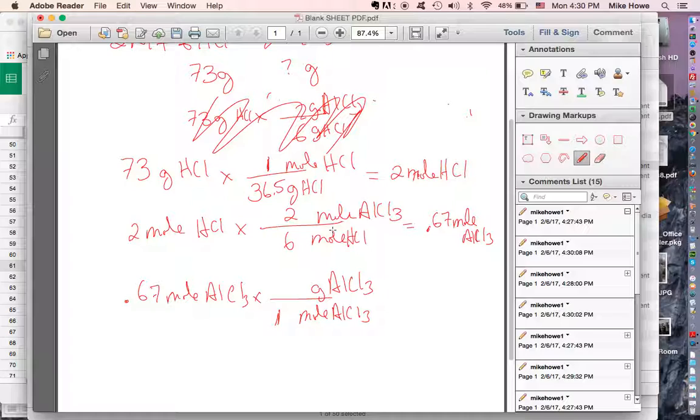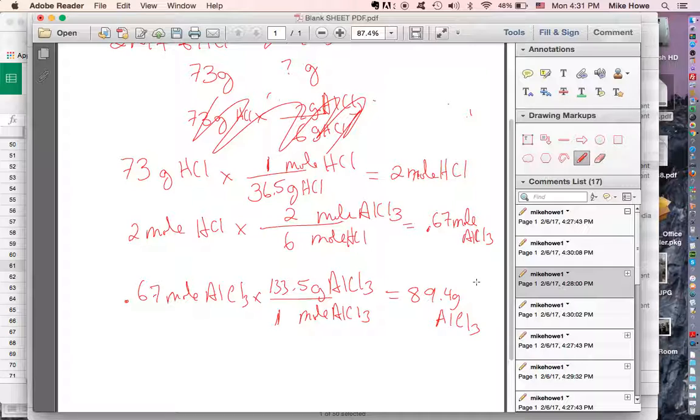Okay, so you pull out a calculator and you add up your aluminum chloride. So I'm just going to do that on my phone. It would be 27, which is aluminum, plus 35.5 times 3. So I get 133.5. So now we would multiply the 133.5 times 0.67, and we get 89.4. So that'd be our final answer, 89.4 grams of aluminum chloride.